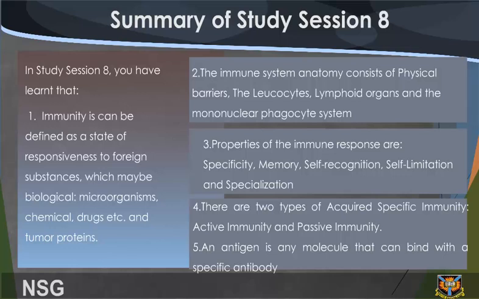Properties of the immune response are specificity, memory, self-recognition, self-limitation, and specialization. 4. There are two types of acquired specific immunity: active immunity and passive immunity. 5. An antigen is any molecule that can bind with a specific antibody.